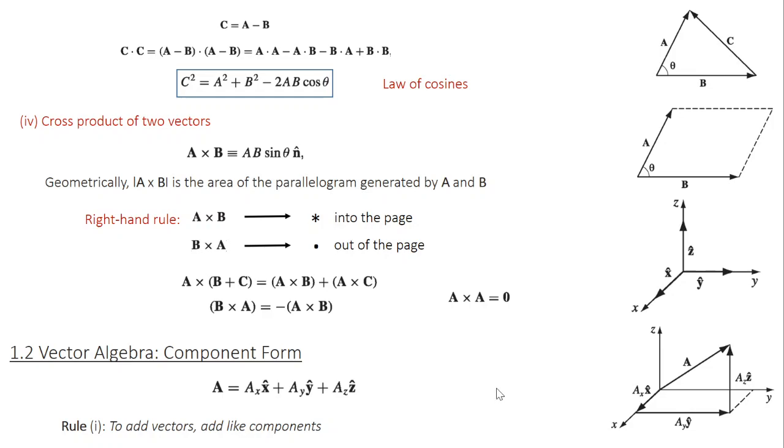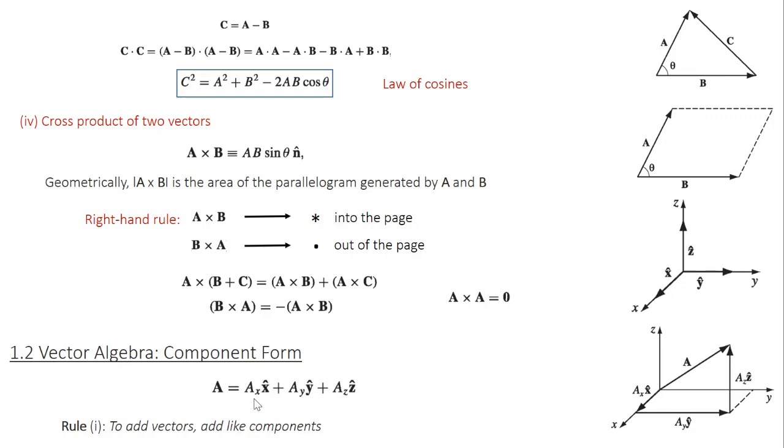Now as I said, it has three components x, y, z. Now a unit vector in the direction of x axis is taken as x cap or i cap. Similarly, you have y cap and z cap in y and z direction. So x cap, y cap, z cap are known as the basis vectors, and you have three components in these three directions.